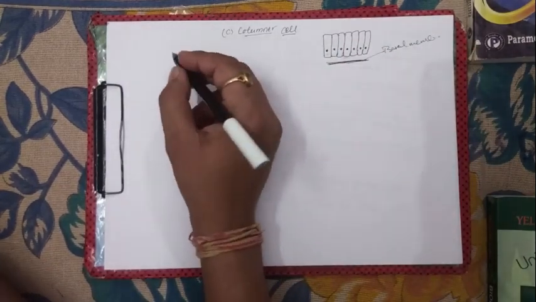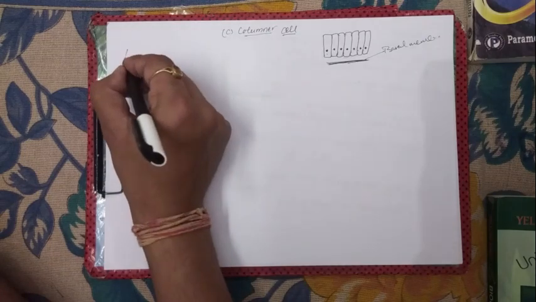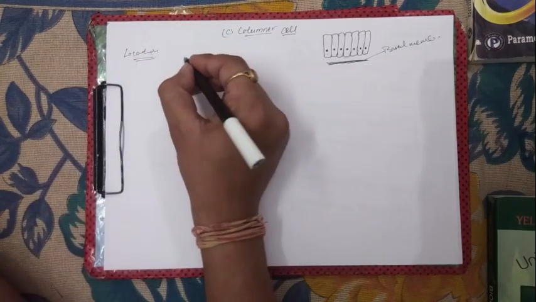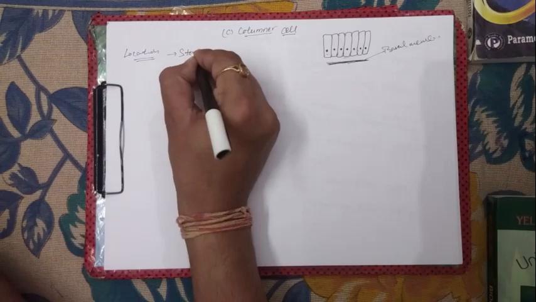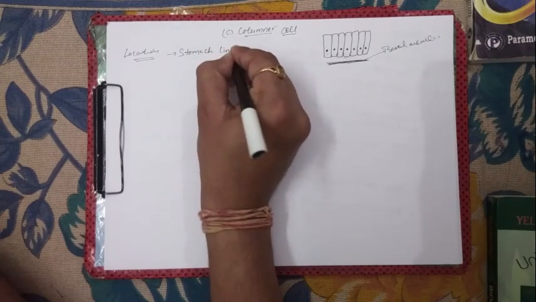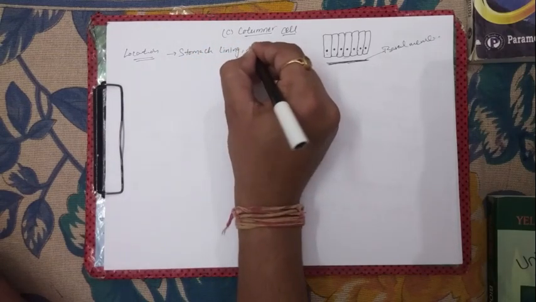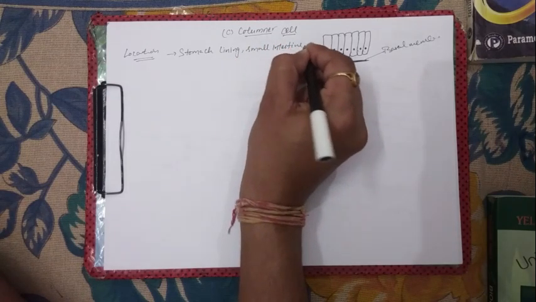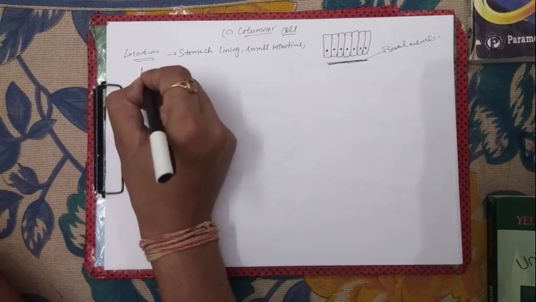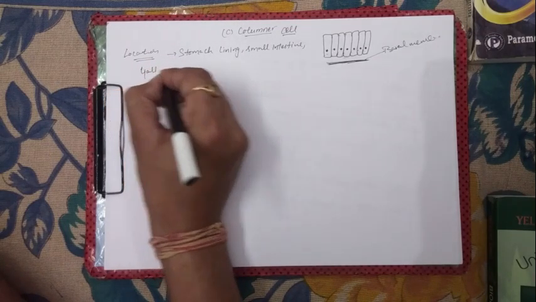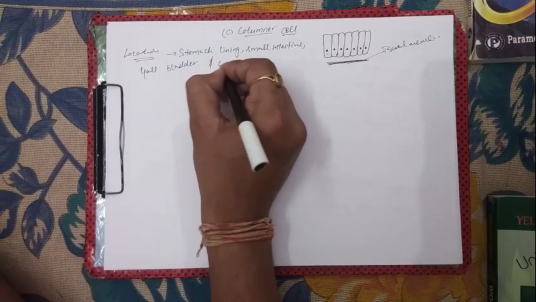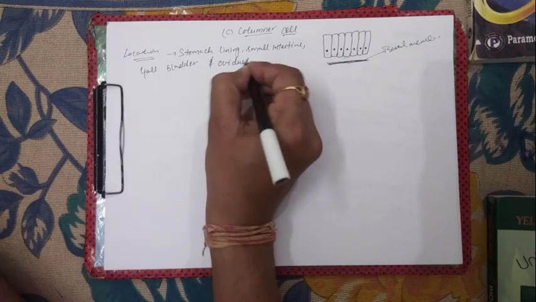Their locations: they are present in the stomach lining, small intestine, gallbladder, and oviduct.